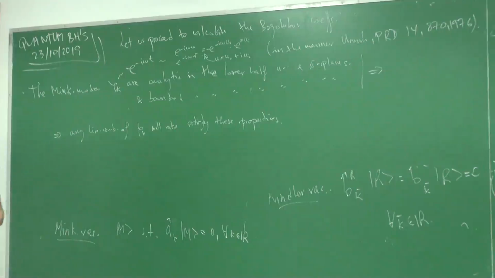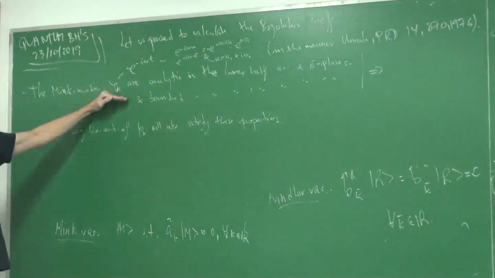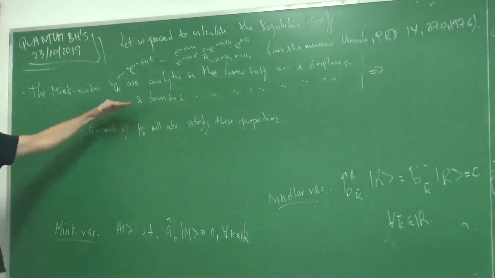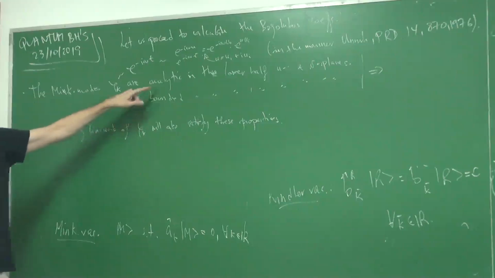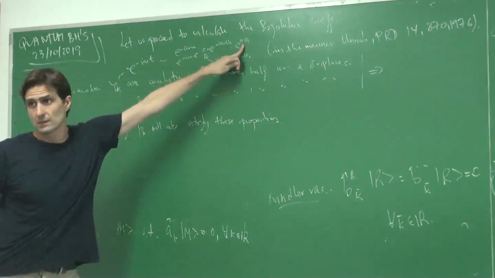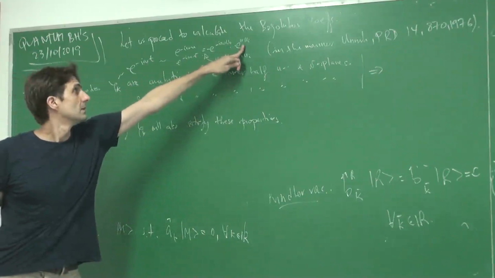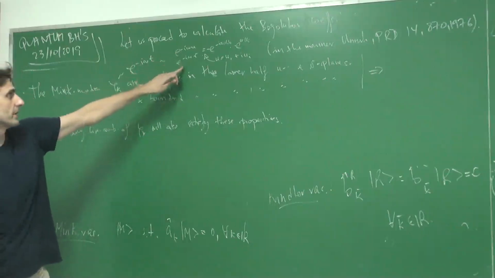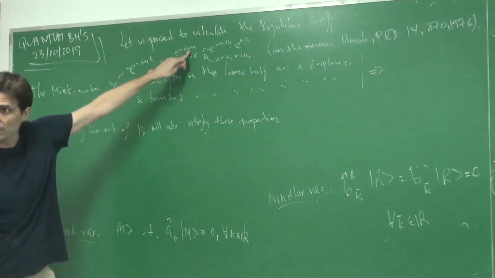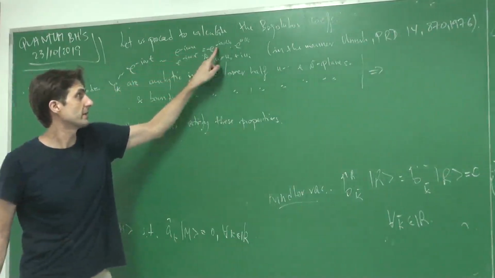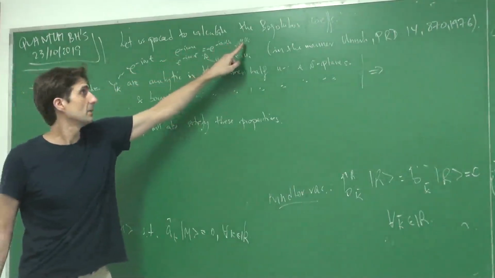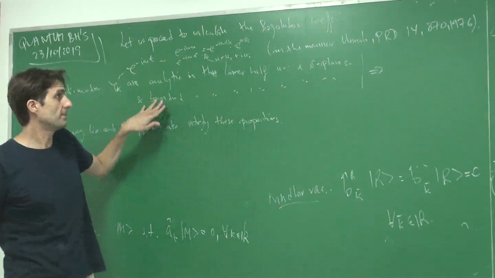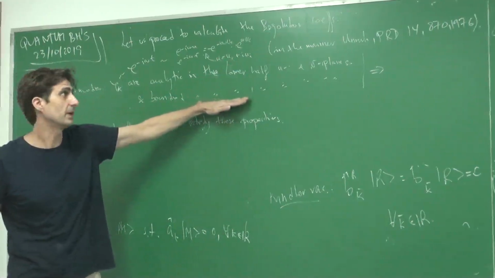If you have a negative frequency mode, so these are positive frequency with respect to dt, if in the linear combination you include any negative frequency modes, they're not going to satisfy these properties. So you're going to change the sign of this. You first complex conjugate them, so you would have an exponential of plus i omega u, and so you would change the sign here. That doesn't affect boundedness. You would change the sign here, and so that affects the fact that it wouldn't be bounded in the lower half u and v plane.